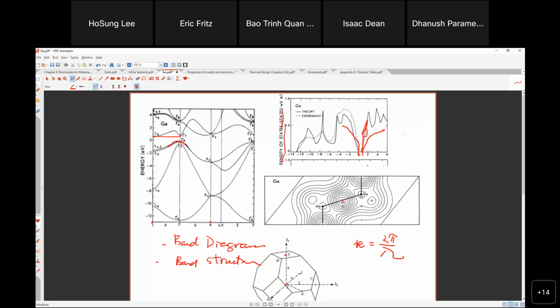Indirect is fine for a thermoelectric material, but a laser needs an exactly direct gap because momentum must coincide. Otherwise, we have difficulty forming the laser. So this is not good. Germanium is no good for laser.